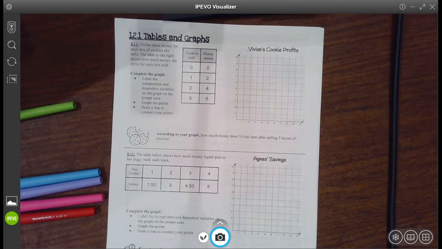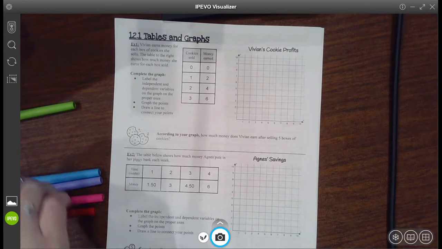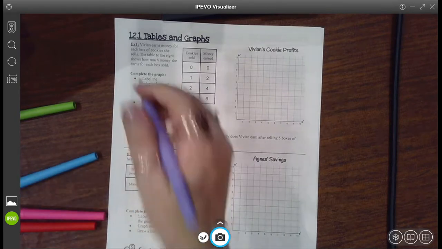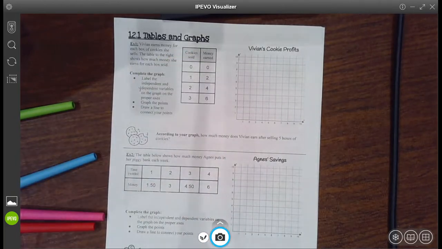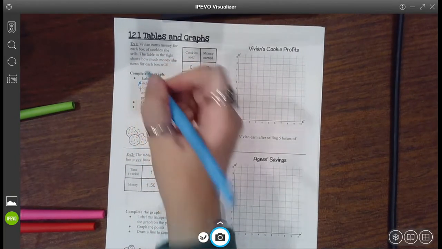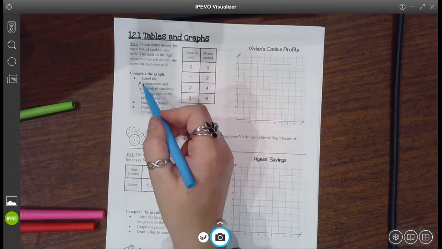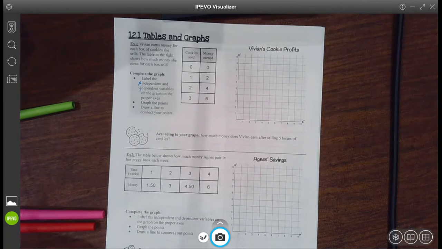So y is like your answer, and your answer depends upon what you do to x. So y is the dependent, which makes x the independent. You do something to the x, and whatever you do to that affects your dependent variable, your y.